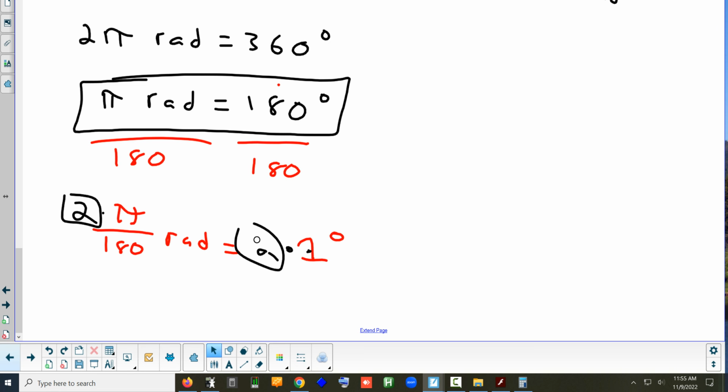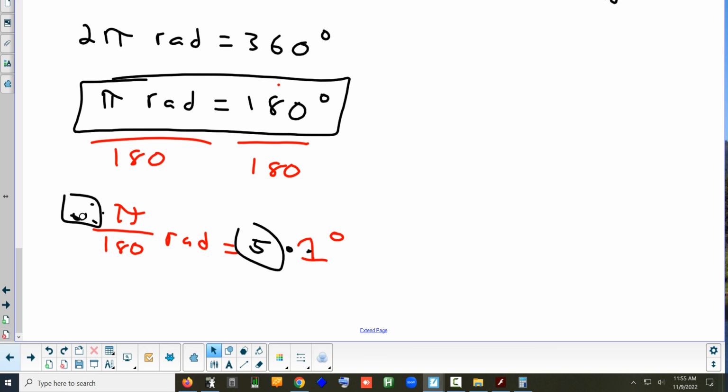What if I wanted to know 5 degrees? How could I get a formula that would turn 5 degrees into radians? Multiply both sides by 5. Now it says 5 degrees, 5 times 1 is 5. 5 degrees equals, and you have a calculation you could do out.